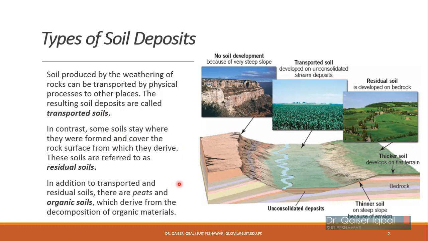So these are mainly the two classes of soils. In addition to transported and residual soils, there are peats or organic soils as well, which derive from decomposition of organic materials, because their origin is not from rock. They are not rock weathering, but rather decomposed organic matter. So we will deal with them separately, at the end.